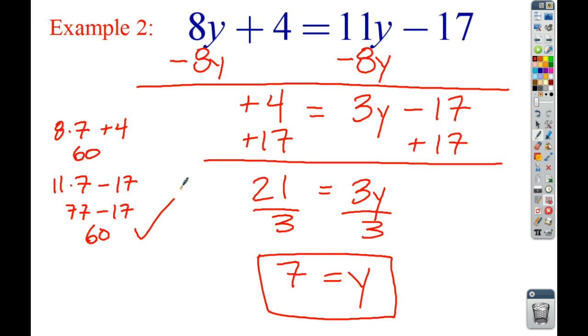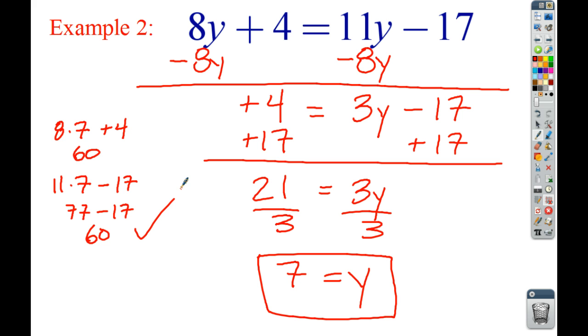Okay, and again, let's say you didn't get 7, when you plug it back in, you're going to realize that it doesn't work. And if it doesn't work, then you need to go back through your steps and see what you did. Typically, maybe you added 8y and thought that this became 0 and you ended up with 19y or something like that.